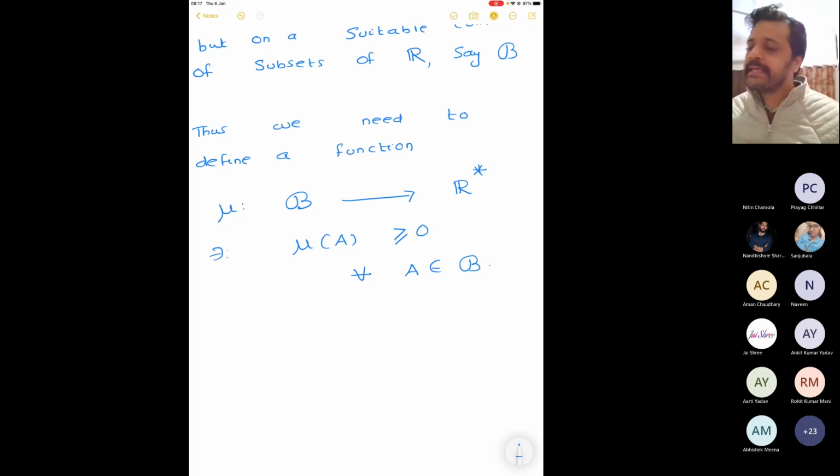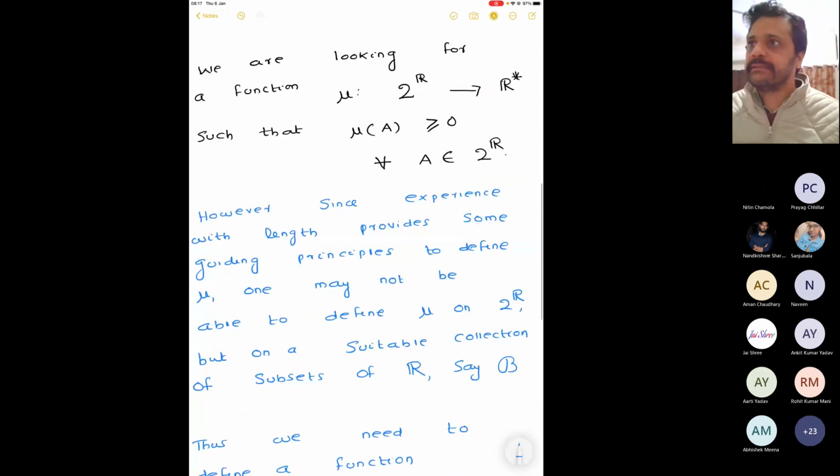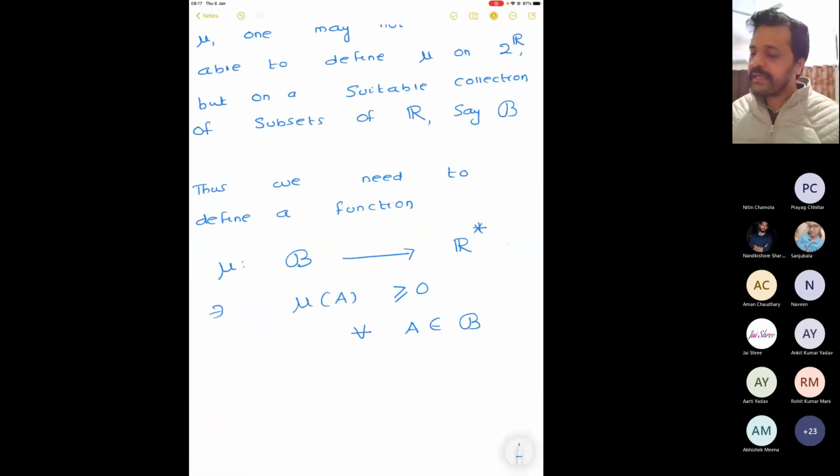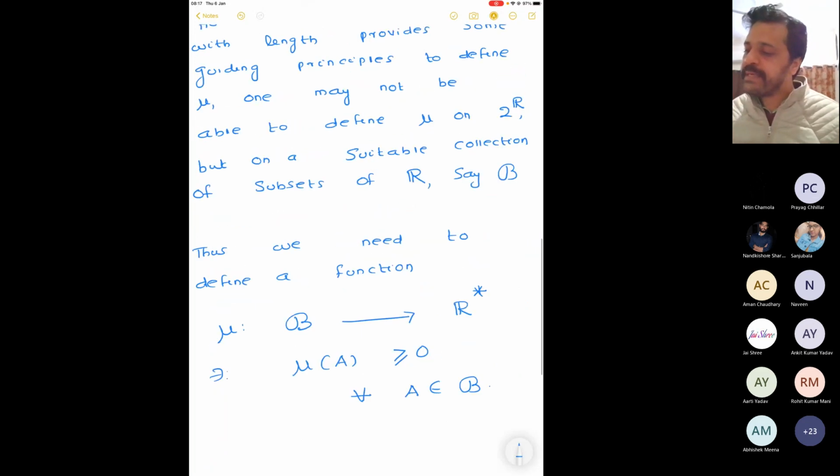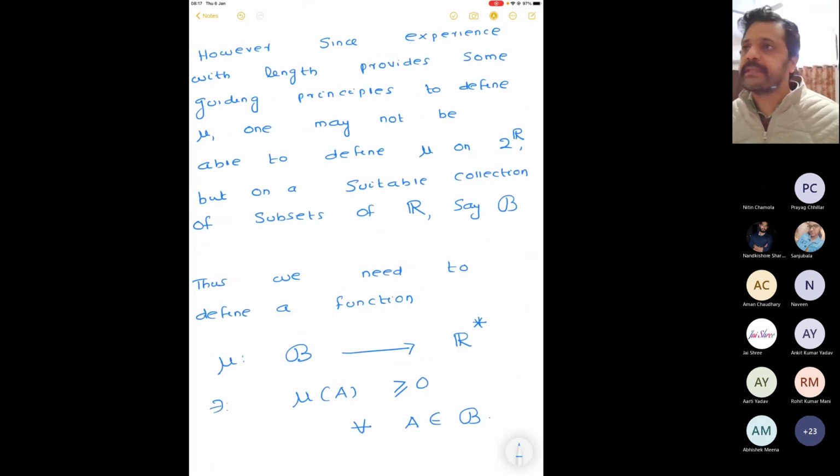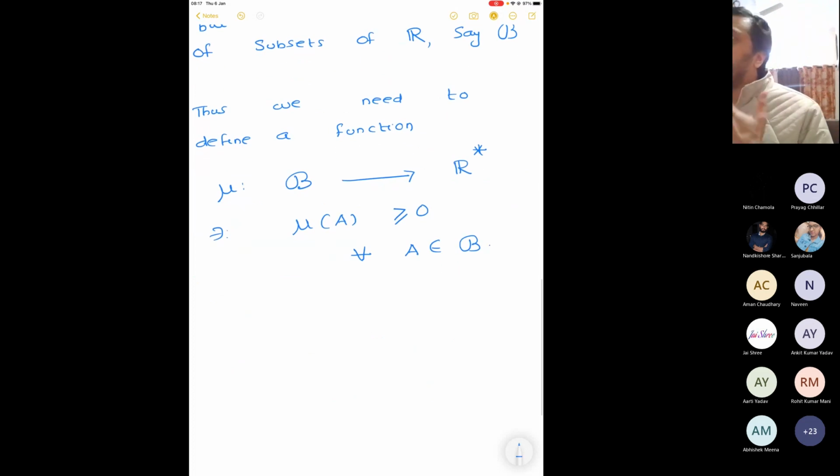He wanted to generalize length, and he was looking for a function from B to R star, where B is a collection of subsets of R. But once Lebesgue came up with this theory, it was abstracted to cover many other sets. So what I want to say is, why only R or R2 or R3? Let us talk about a general set.